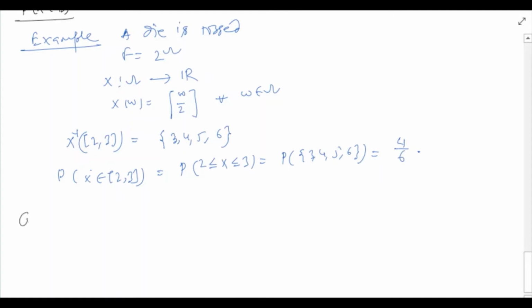Next, we consider the notion of cumulative distribution functions of random variables. Cumulative distribution function.